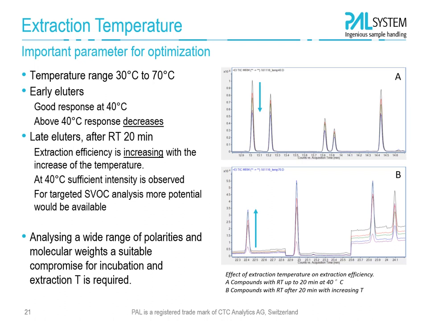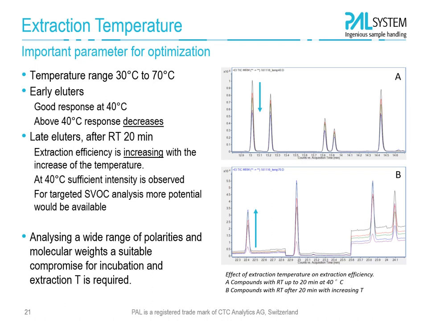Increasing the extraction temperature above 40 degrees C shows that the response of the VOCs is decreasing. If we look at the late eluters, which we have here after 20 minutes retention time, it shows that the extraction efficiency is increasing with the increase of the temperature.